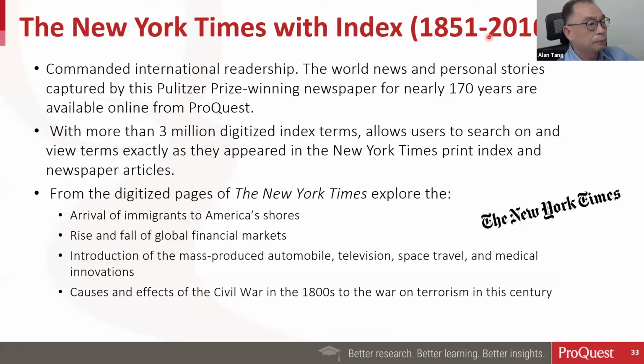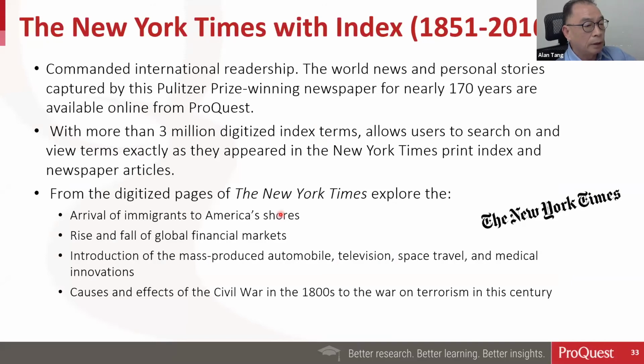Okay. And also we specially created a specific index for the New York Times with 3 million digitized index terms, to make it easier for you to perform a precise search.